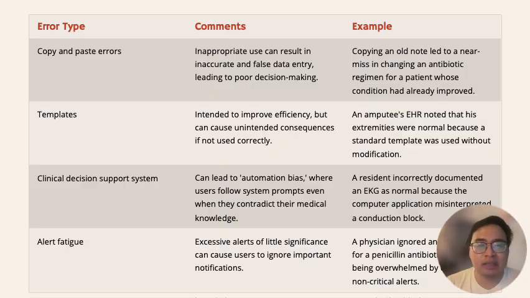So another example is if merong automated na interpretation yung EKG or ECG. Kapag mali interpretation ng computer application, pag in-interpret yung conduction block as normal kahit hindi naman pala, then that could lead to errors. And lastly, we have alert fatigue.